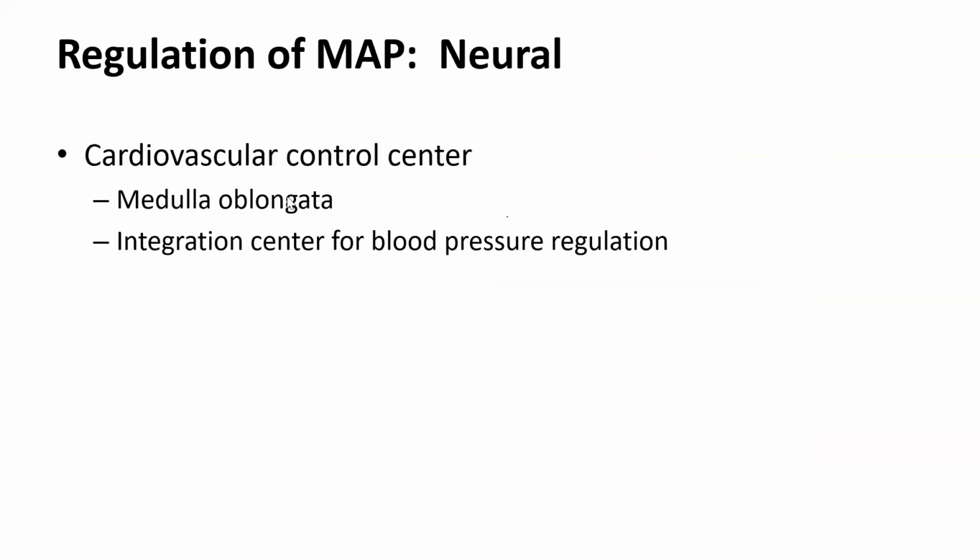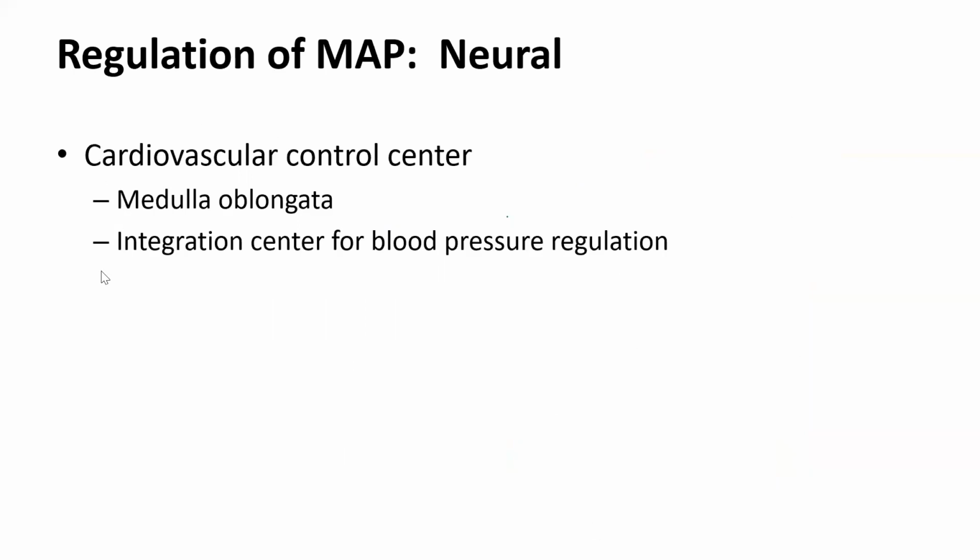Okay. The second player here, those integrating centers, so usually the medulla oblongata. And so the medulla oblongata is going to pick up information that's coming in from those baroreceptors about what the pressure looks like in the vasculature. And it's going to basically make decisions about corrective measures that would be communicated on the autonomic nervous system.